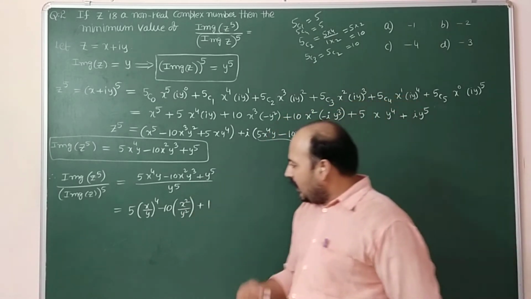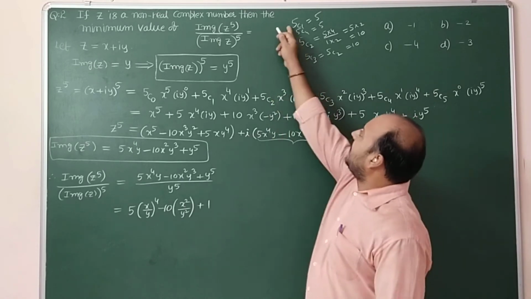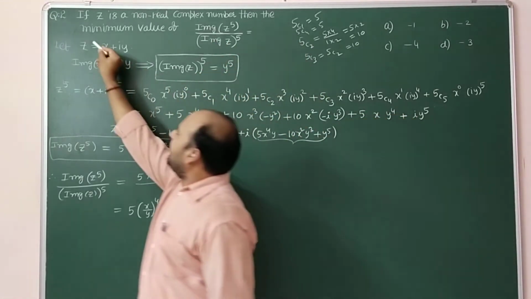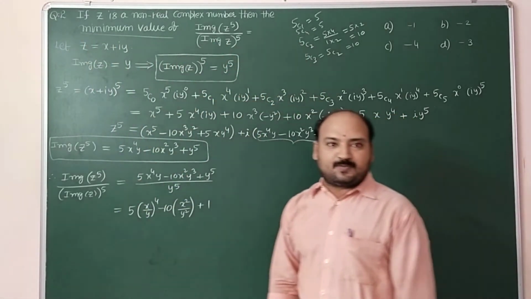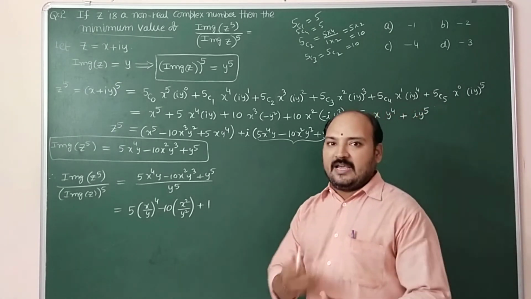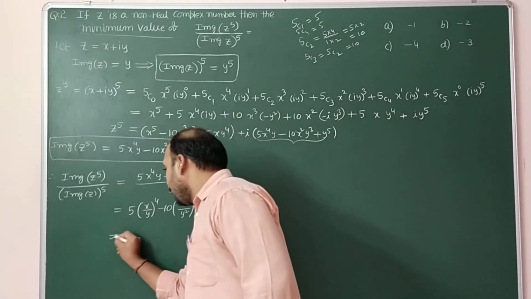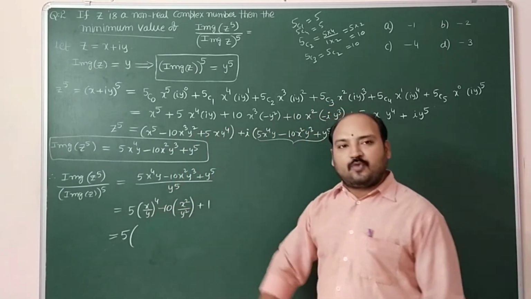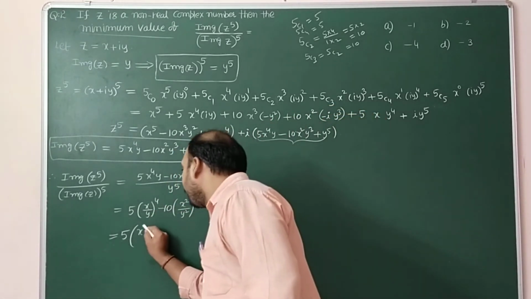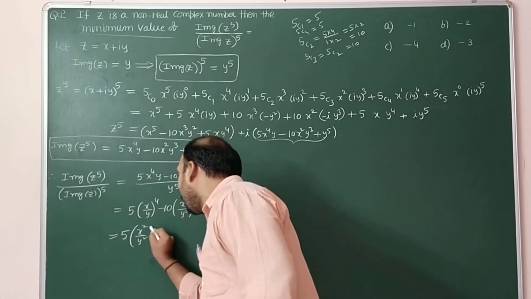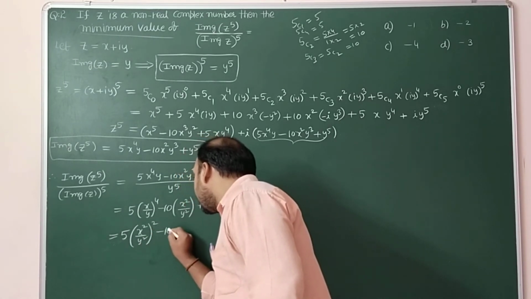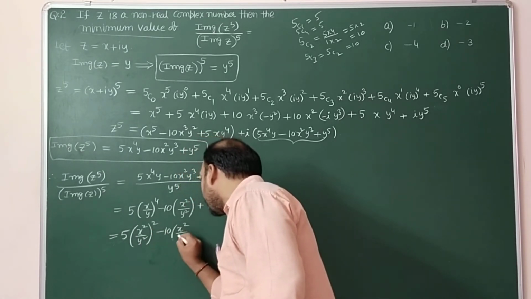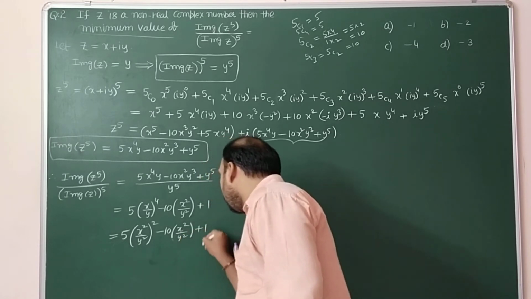1. Now, to get the minimum value, go to the quadratic expressions in maximum minimum values. Here what I am doing is 5 into x by y whole power 4 can be expressed as x square by y square whole square, minus 10x square by y square plus 1.